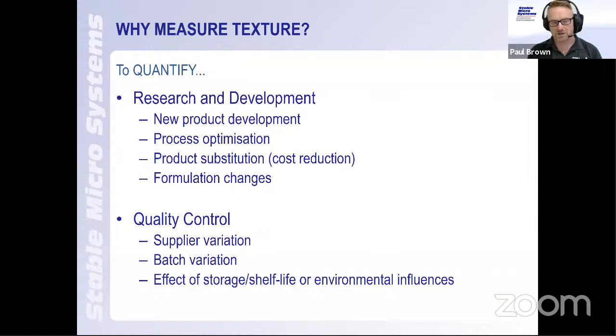So why measure texture? Whether it's research and development, whether it's academia, or whether it's quality control, it gives you quantifiable data about the product and about potential changes that are happening in the products. So in research and development, that could be a new product development. It could be a change in formulation. It could be a change of ingredient.